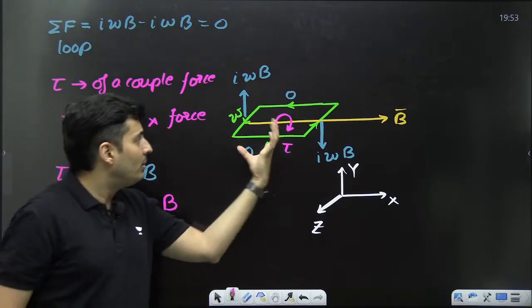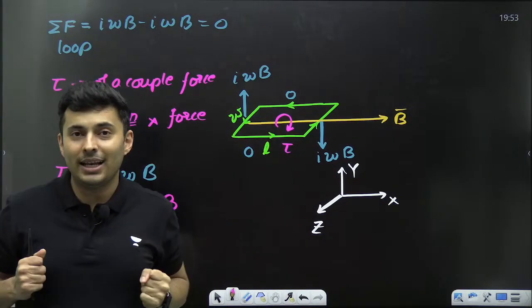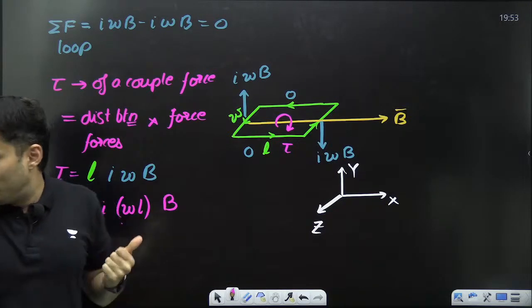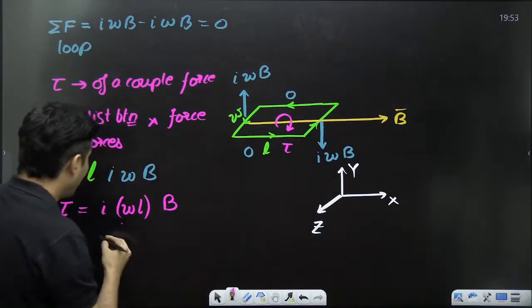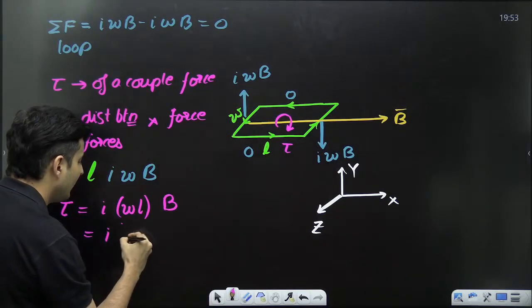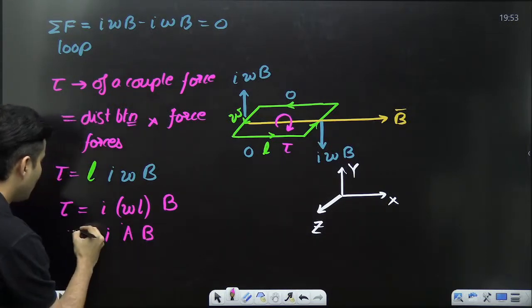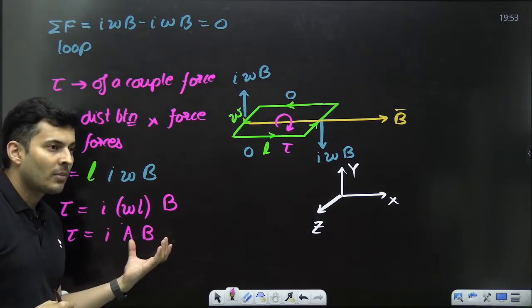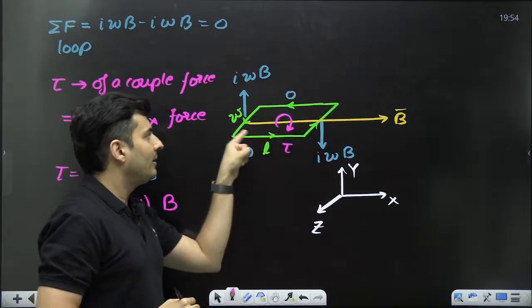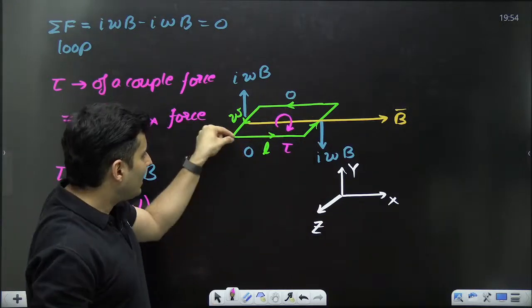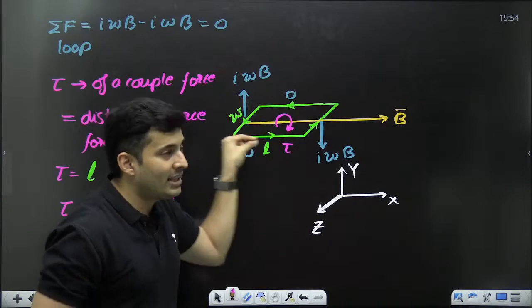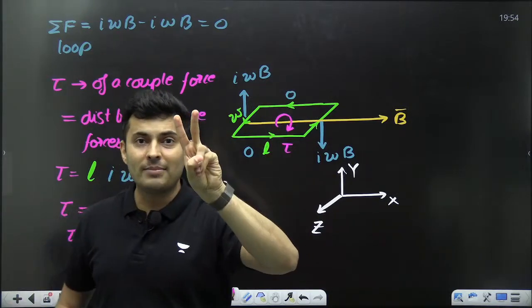What is W into L? W into L is basically the area of the coil. Very good. So can I say this is I into area into B? Interesting. What if the coil had 2 turns? Maybe this wire, I take it around once more, the torque will become 2 times.